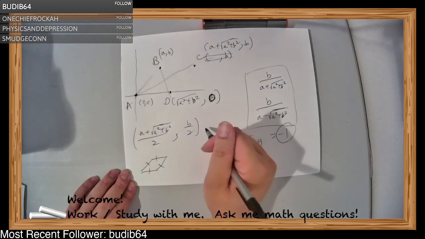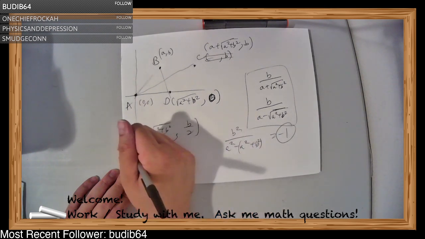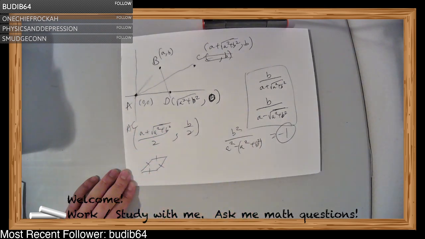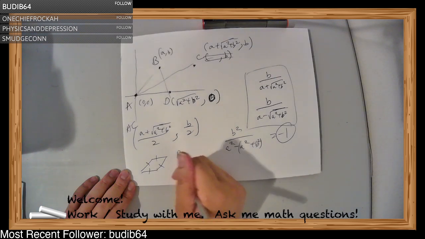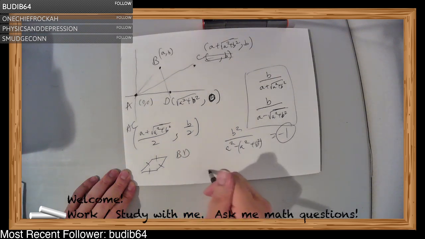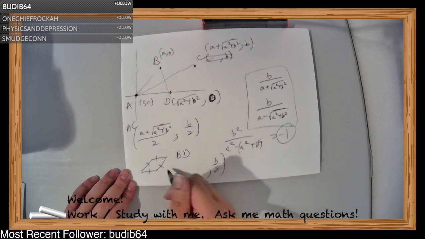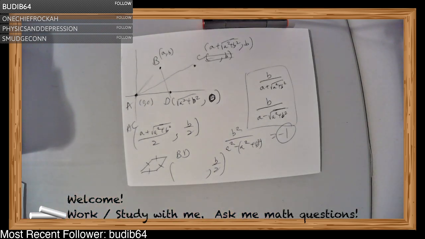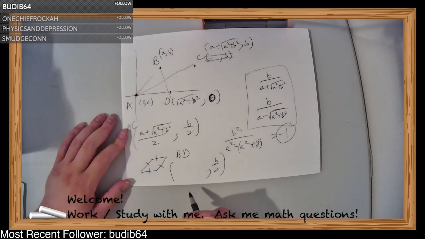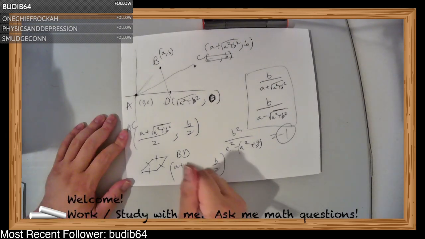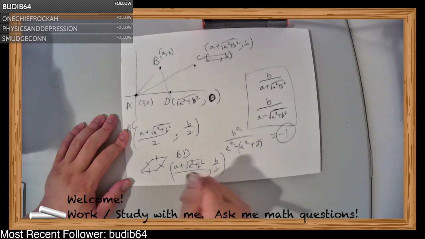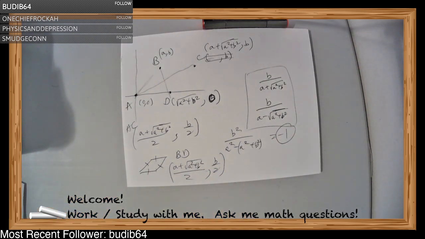This is the midpoint between A and C, so this is AC. And then we're going to find the BD midpoint. Again, the y value is b over 2. That's nicely obvious. And the x value is a plus square root of a squared plus b squared all over 2. And hey, it works out. Good stuff.